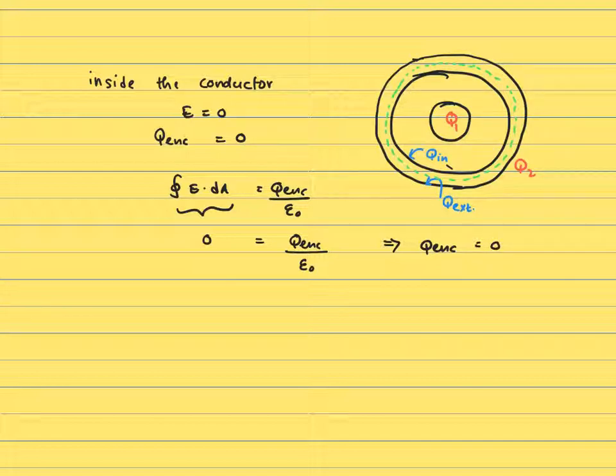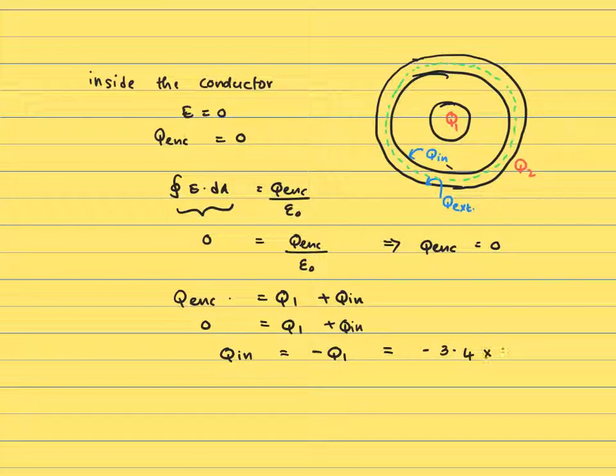Now if you look at this Gaussian surface, which you can actually see as a green dotted circle inside the conducting shell, the enclosed charge by the Gaussian surface in this case is Q1 plus Q interior. Now Q enclosed has to be 0, therefore the internal charge Q internal equals negative Q1, and Q1 is a positive 3.4, and with the negative sign you have the Q interior as negative 3.4 times 10 to the negative 12 coulomb.